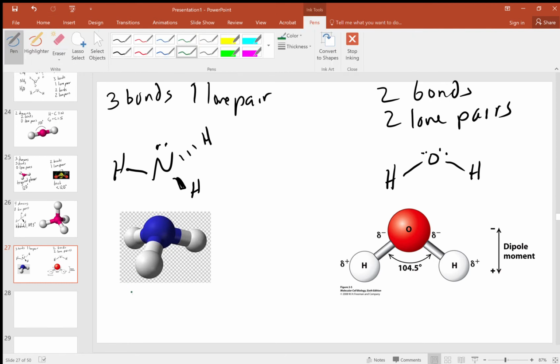Bond angles for trigonal pyramidal are about 107 degrees. And for water, about 104.5. Again, it's because of the size of the lone pair, it pushes the rest of the bonds together.